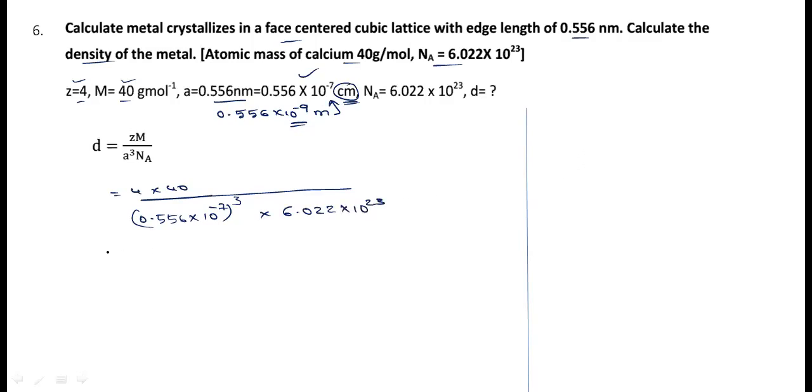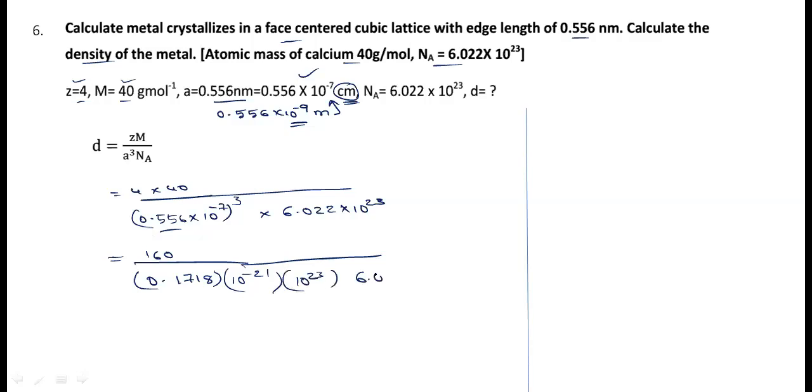If we simplify, 4 into 40 is 160. For the denominator, 0.556 into 0.556 into 0.556, the cube of this, is 0.1718, and 10 to the power of minus 7 minus 7 minus 7 is minus 21, with 10 to the power of plus 23 and the Avogadro number.